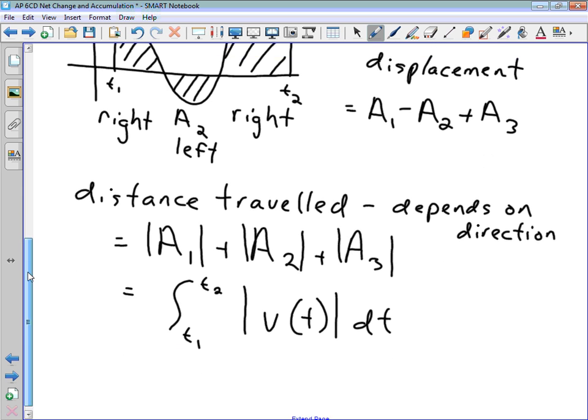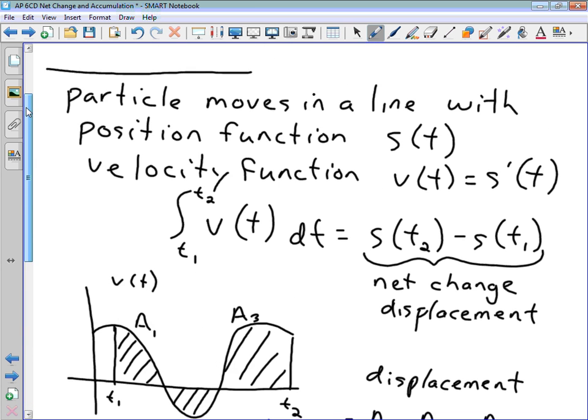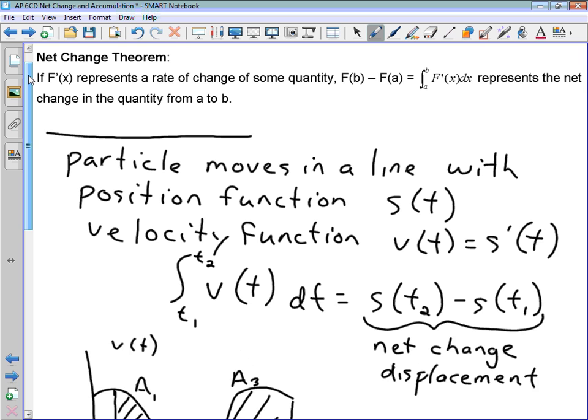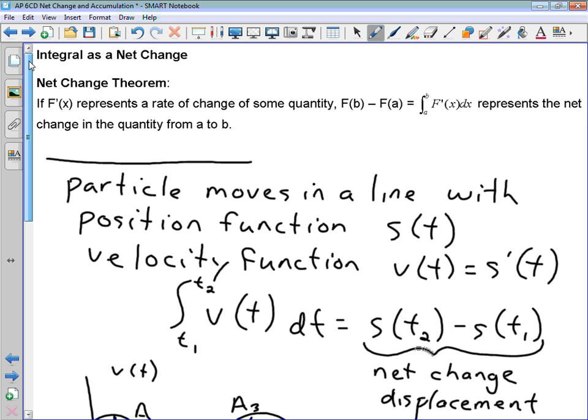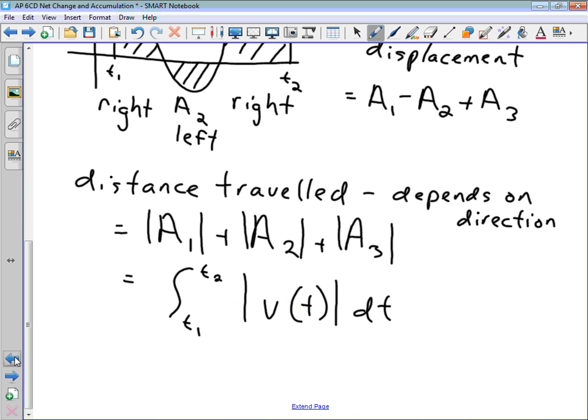So taking the absolute value would ensure that our velocity function is positive over all of these intervals, okay? So the big thing to remember here is our net change theorem, okay? So that's what we're going to apply in the next couple of examples here.